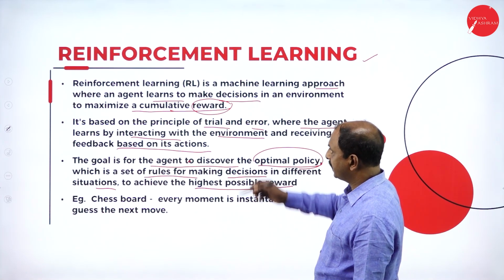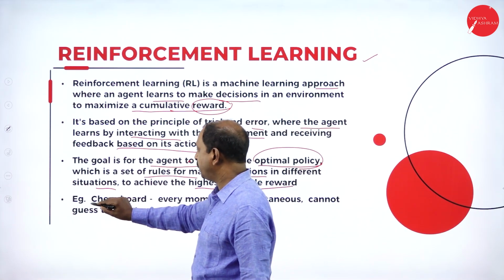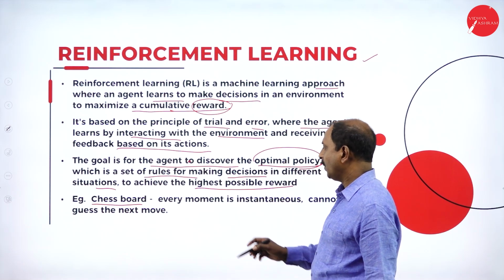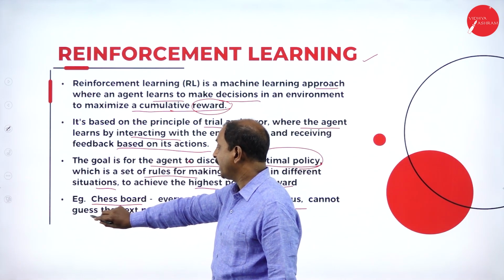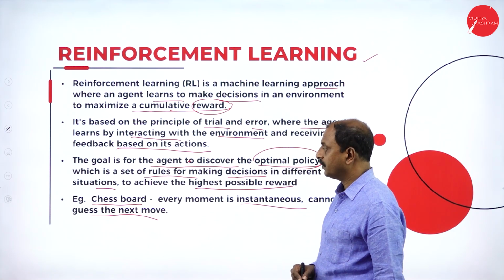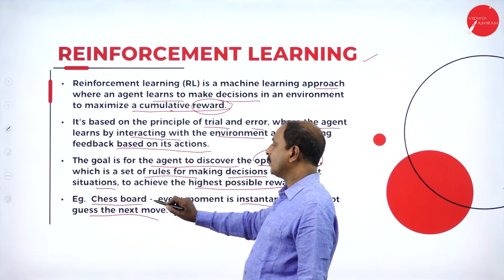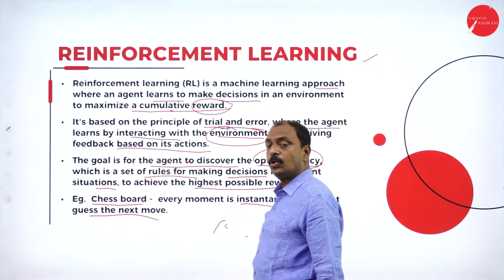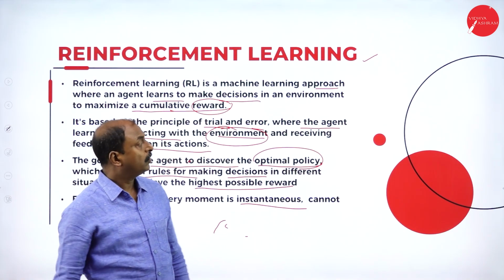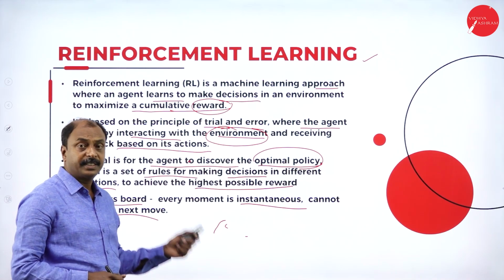A very good example for this is a chessboard. Here, every movement is instantaneous and you cannot guess the next movement. What is the meaning of this? Here, the output cannot be decided. It depends on the environment, so based on the environment, the model is going to take a decision.